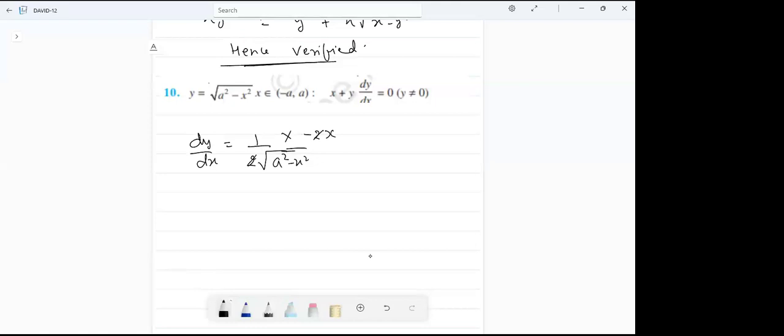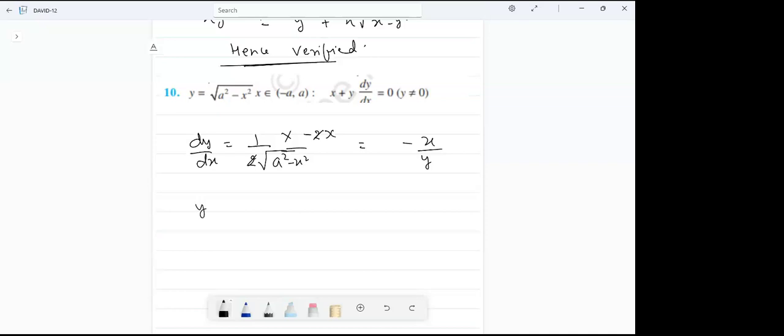Because root a square minus x square is y, we put y in place.